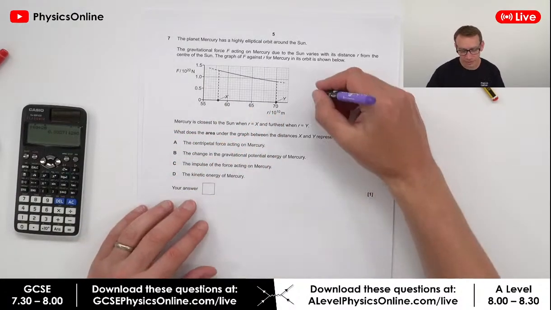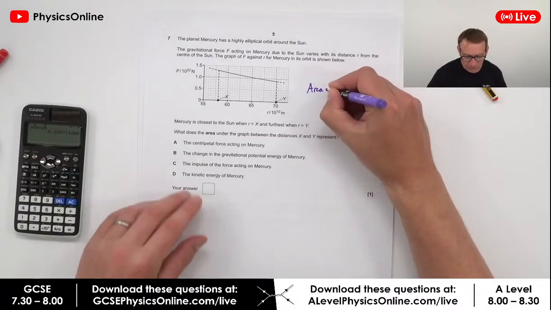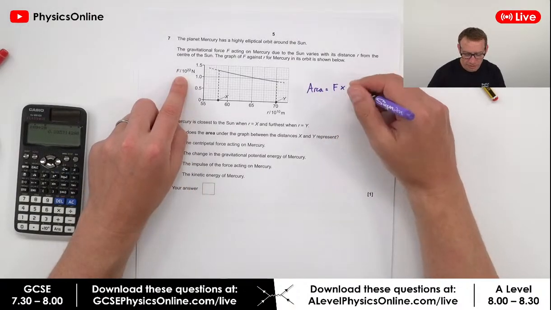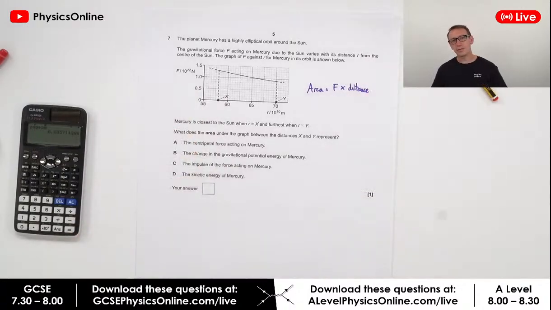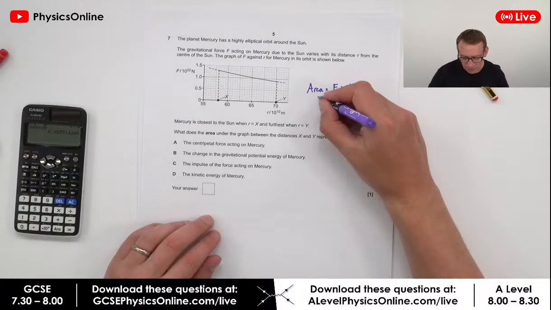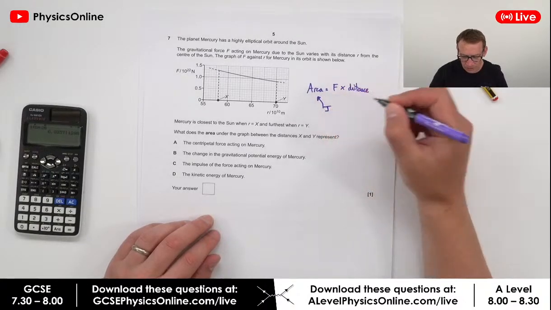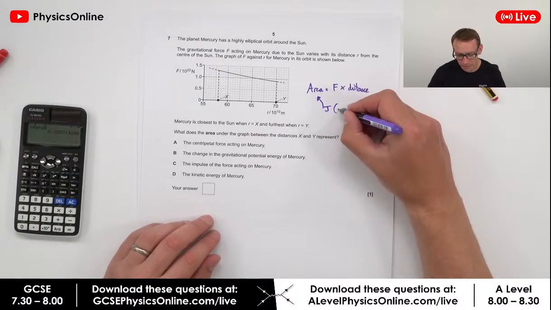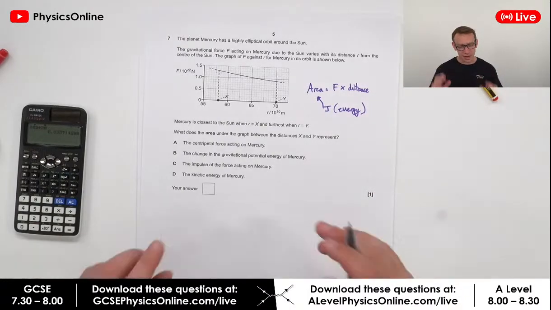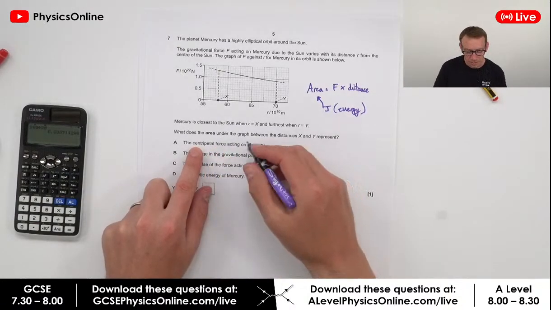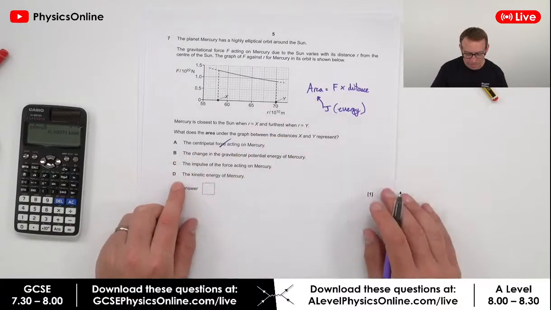Now, whatever the area is, it's going to be equal to some kind of force times some kind of distance. And we know work done is force times distance. That means the area must have the units of joules because it must be some kind of energy. That means it cannot be the centripetal force because the units don't tie up.